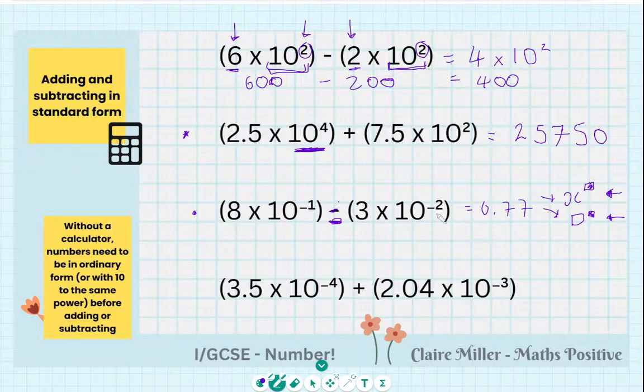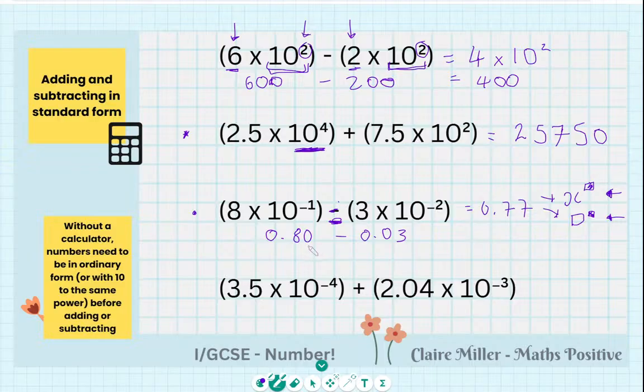And we could have a think about that, couldn't we? So 8 times 10 to the power of -1, that means 8 divided by 10 once, that's 0.8. And then we're taking away 3 times 10 to the power of -2. So that's going to be 3 divided by 10 twice, 0.03.